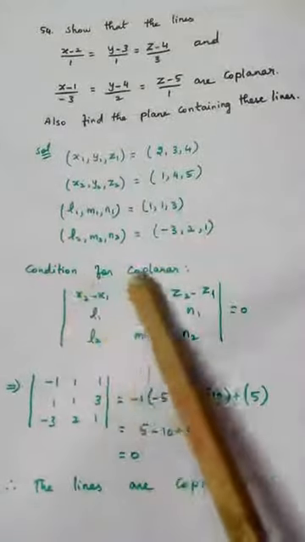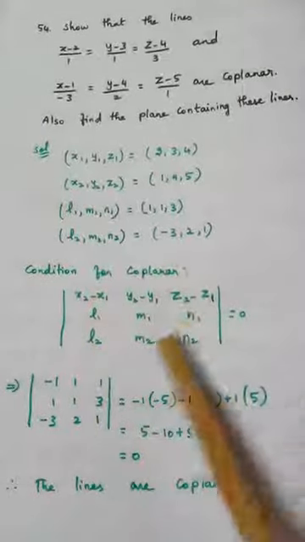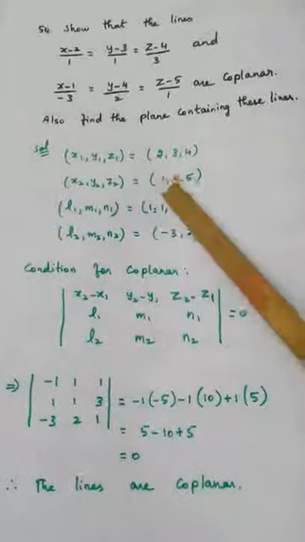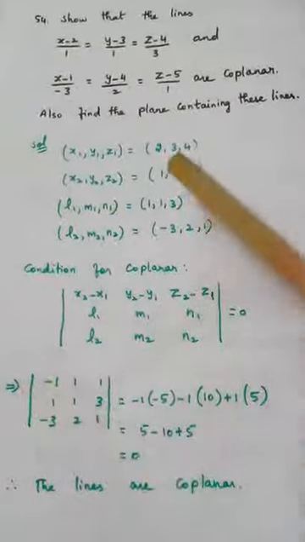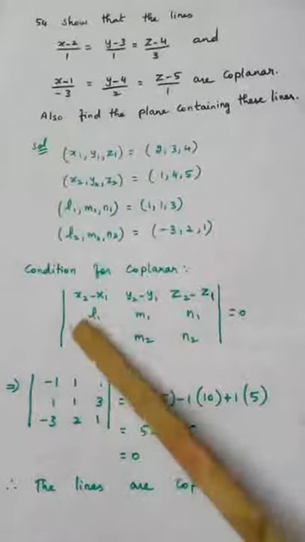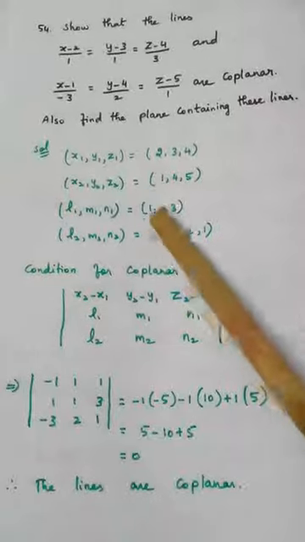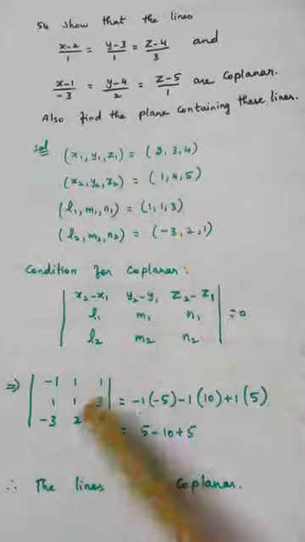Now we will write the condition for coplanarity in Cartesian format. x2 means 1, x1 means 2, so 1 minus 2, minus 1; 4 minus 3, 1; 5 minus 4, 1. l1, m1, n1 means 1, 1, 3; l2, m2, n2 means minus 3, 2, 1.